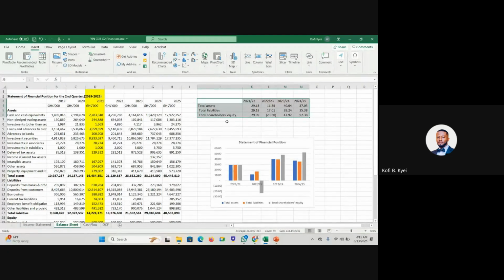We use the FCFE, free cash flow to equity, to value businesses that do not have regular dividend payments and the like. So in the analysis, you have to know when to use what. You don't use one model for all of them. Okay, so I think that's the answer.